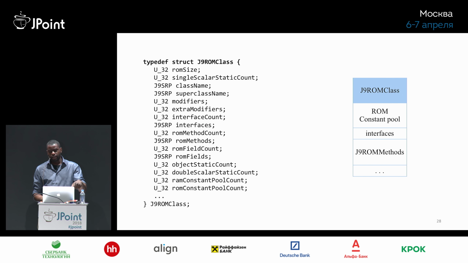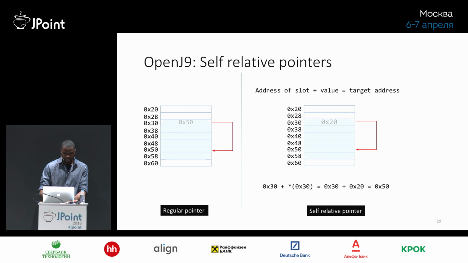But we can index directly to the beginning of the ROM methods, so it's still an improvement. You may have noticed that the J9 ROM class structure only has two types, the U32, which is an unsigned 32-bit integer, and a J9 SRP, which is a self-relative pointer. So we'll look at how those work.